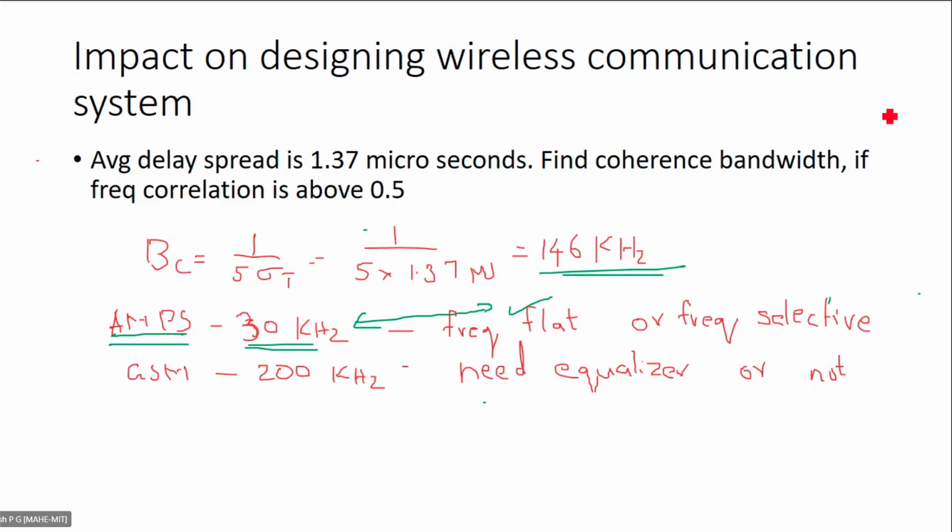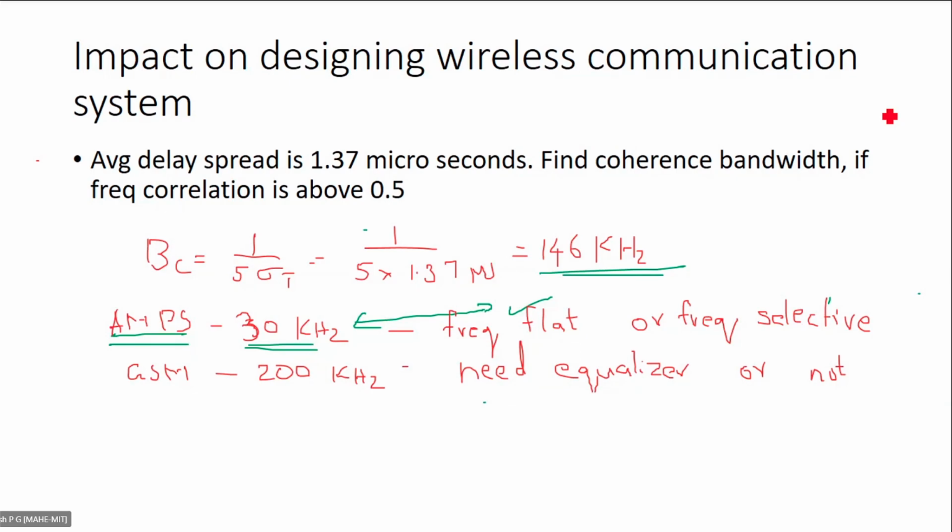So a system with average delay spread 1.37 microseconds has a corresponding coherence bandwidth of 146 kilohertz. So you have the technical terms corresponding to the multipath, that is delay spread and coherence bandwidth.